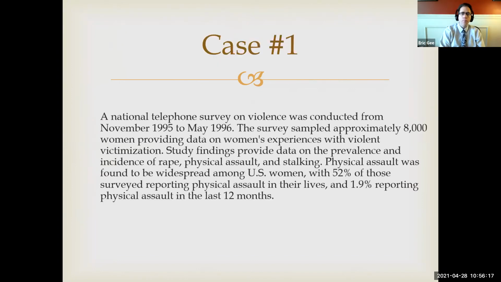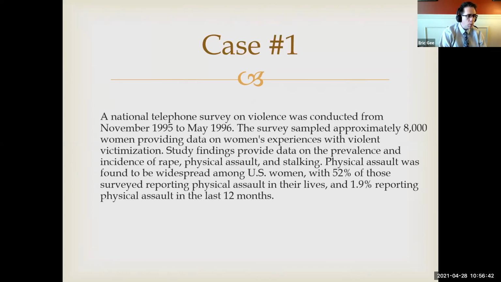All right, so I'll go ahead and just read this real quick. A national telephone survey on violence was conducted from November 1995 to May 1996. The survey sampled approximately 8,000 women, providing data on women's experiences with violent victimization. Study findings provide data on the prevalence and incidence of rape, physical assault, and stalking.